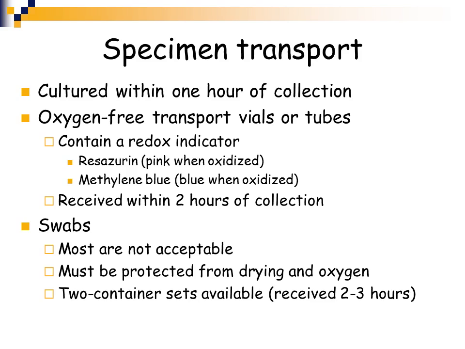These tubes contain a redox indicator. These indicators let you know if oxygen has exposed the specimen. Redox indicators commonly are resazurin, which will turn pink if it's been exposed to oxygen, and methylene blue, which turns blue when it's exposed to oxygen.